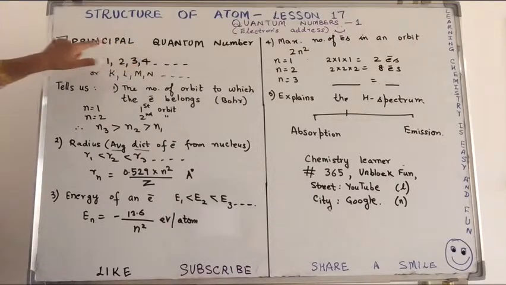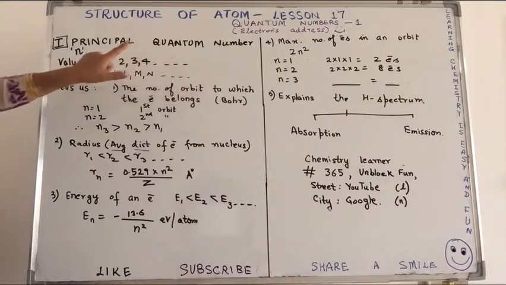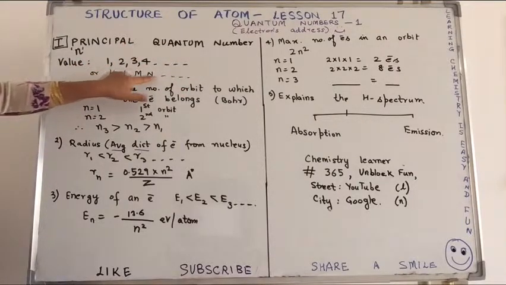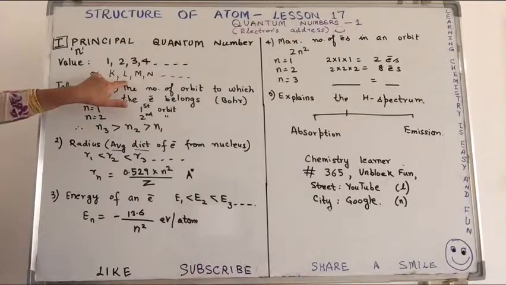Principal quantum number is denoted by the symbol n. The value of this is 1, 2, 3, 4 and so on. If you recall, we had also given it the values K, L, M, N and so on according to Bohr's concept. What does this tell you?